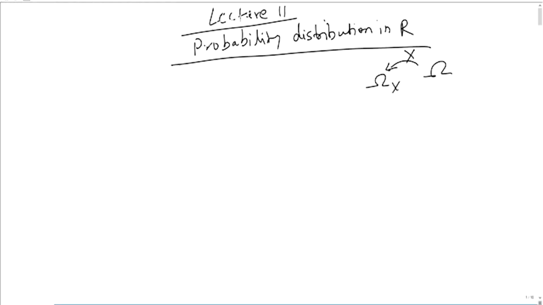It takes values from your sample space and gives some real numeric value in omega x. Whenever we define any probability assigner function f of theta, we define it on the values of the random variable, on this space omega x. So this function gives you probabilities of the events.